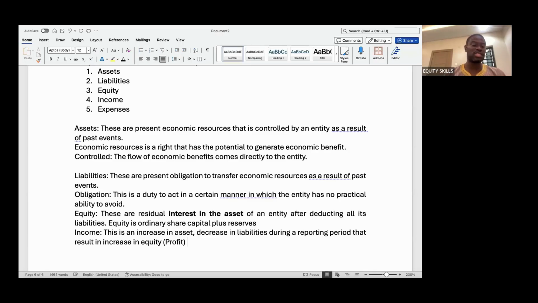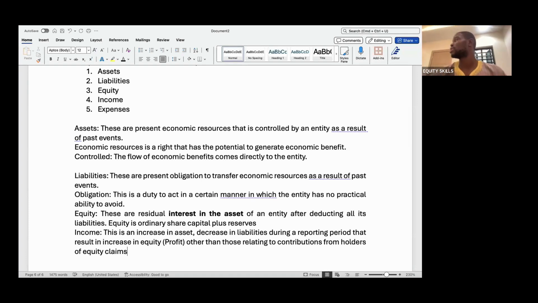So this increase in equity, let me put it down, other than those relating to contributions from holders of equity claims.